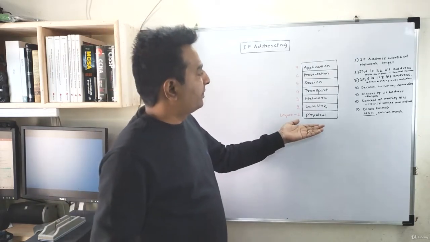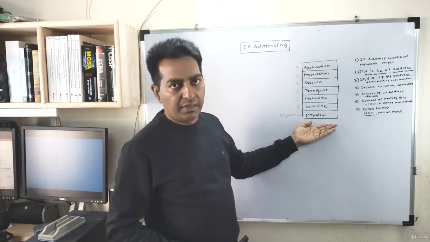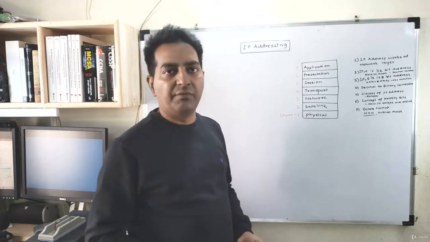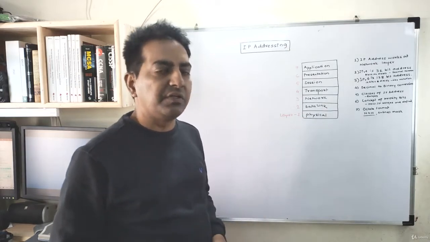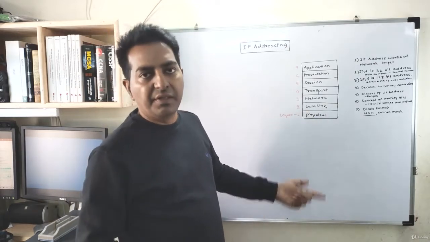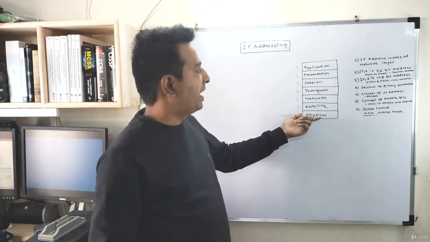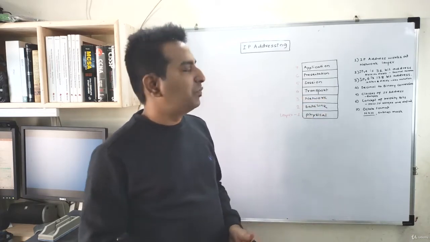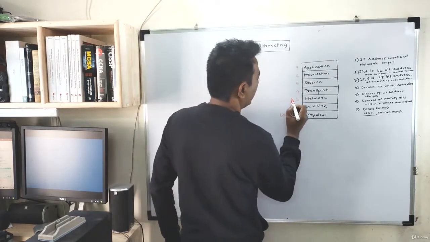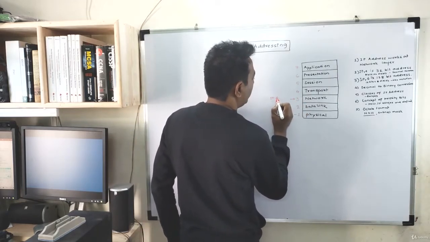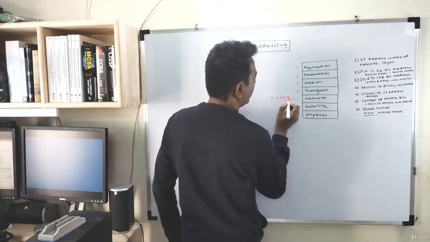This needs to be very clear, as when you work on any network devices or any technology where IP addressing is involved, you need to have clarity that an IP address works at the network layer. This is the layer at which IP address works.